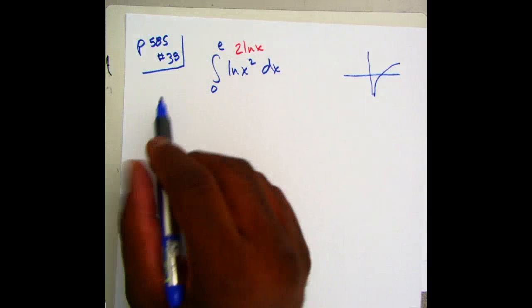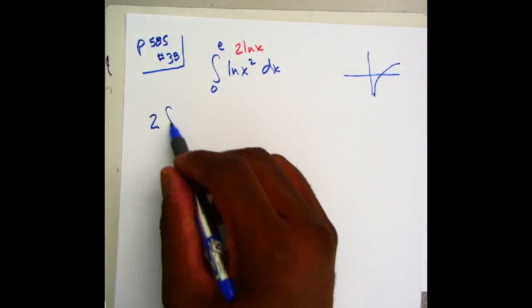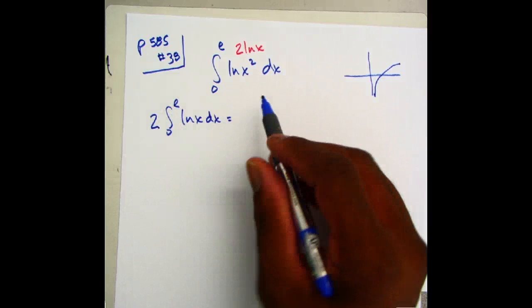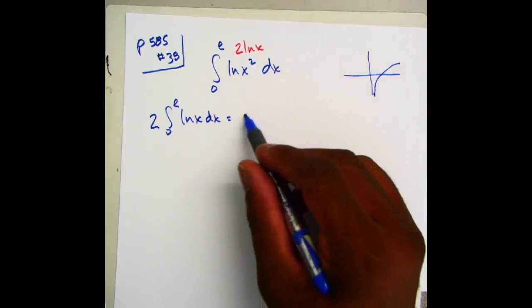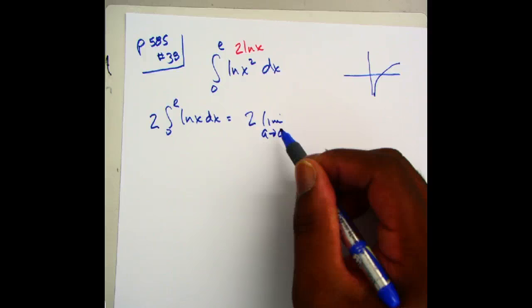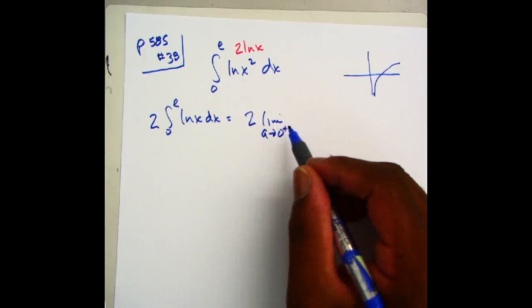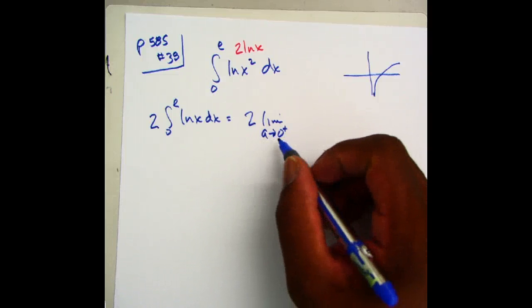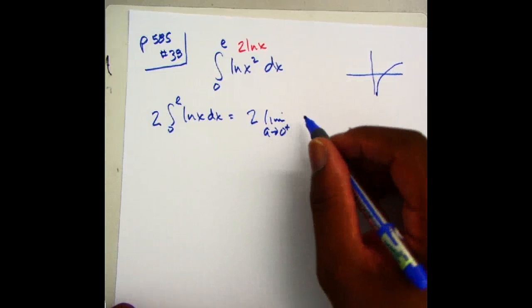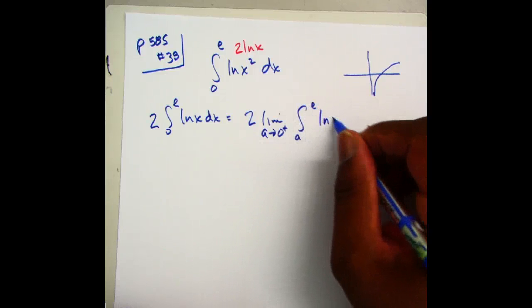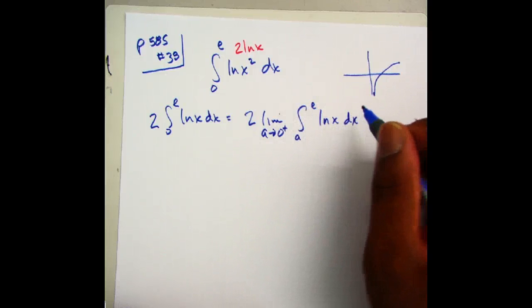So this then becomes 2 times the integral from 0 to e of ln of x dx, and that's equal to 2 times the limit as a goes to 0 from the right, because remember your limit is your discontinuity. So as a goes to 0 from the right, the integral from a to e of ln x dx.